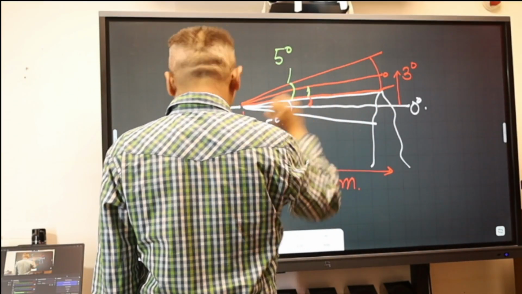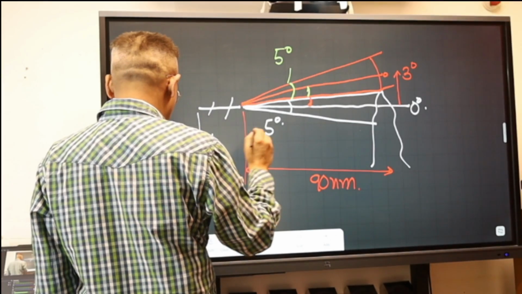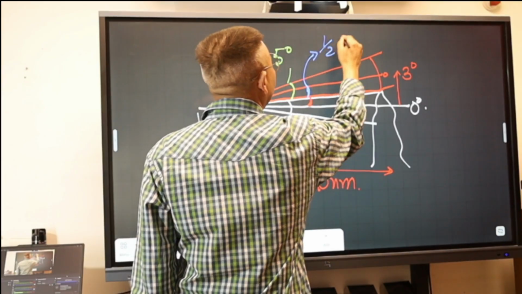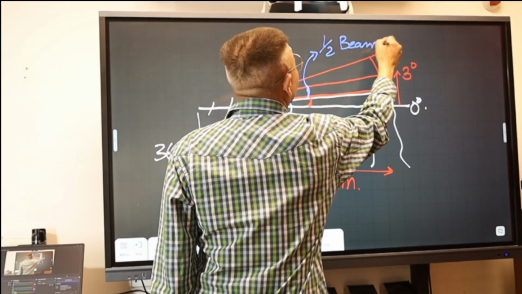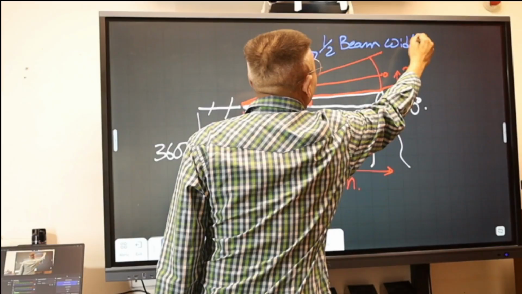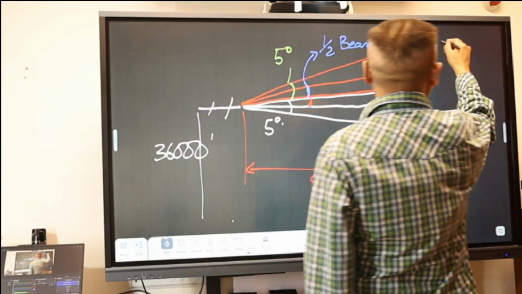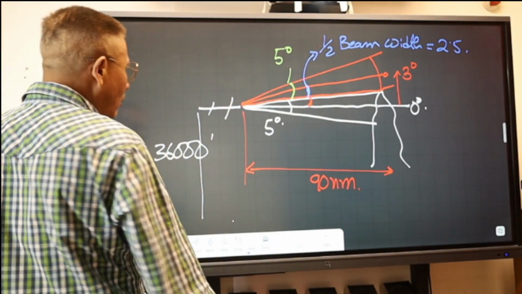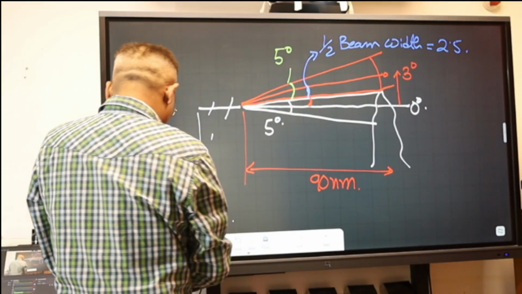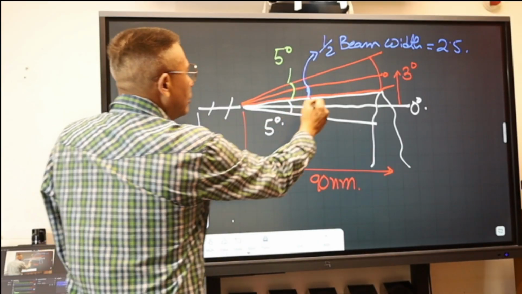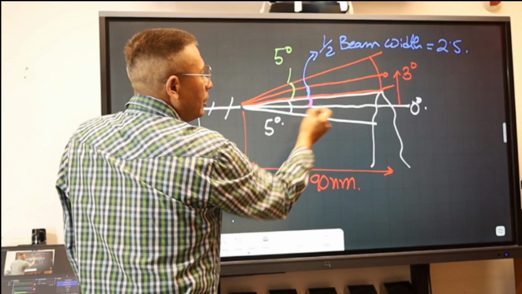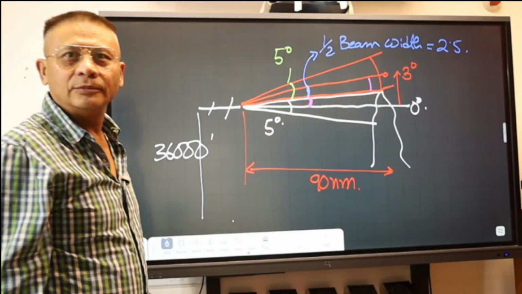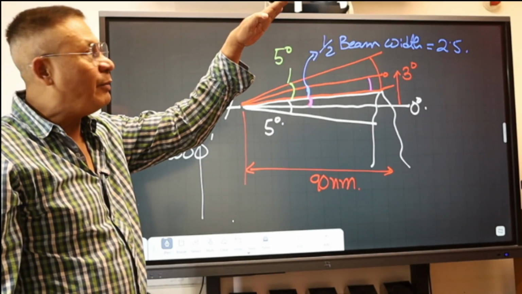I will write it in a different color. This particular angle is what we call the half beam width, which is 2.5 degrees. So now this angle will be 3 minus 2.5. 3 degrees is the tilt up and the half beam width is 2.5.